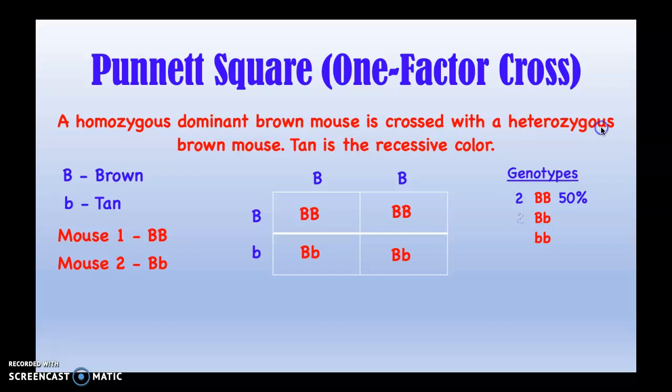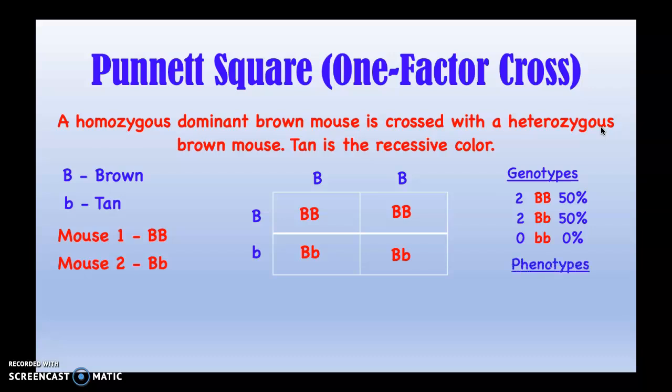We'll also see that 2 of them have the heterozygous genotype, so again that is 50%. The third genotype, the homozygous recessive, is not possible in this cross. We have 0, so that is 0%. Again, very important you pay attention to homozygous and heterozygous.